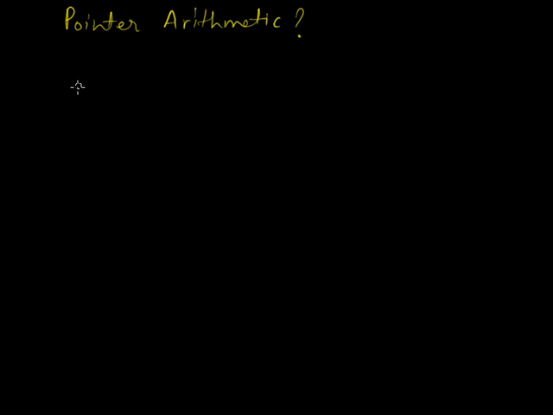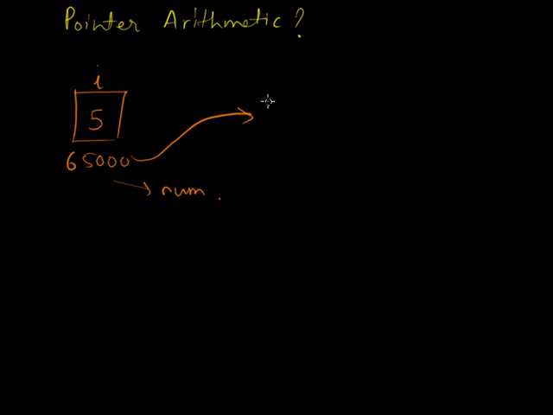So to summarize it, let me draw some memory space. Let us name this memory space as I, and it contains the value 5, and we assume that its address is 65,000. Now this is a number, right? And this 65,000 is stored into another variable, that is the pointer p.